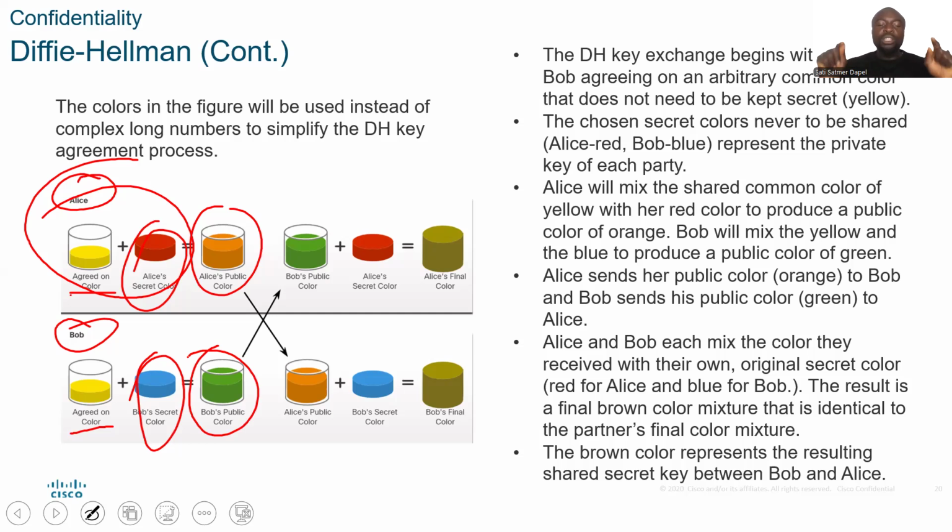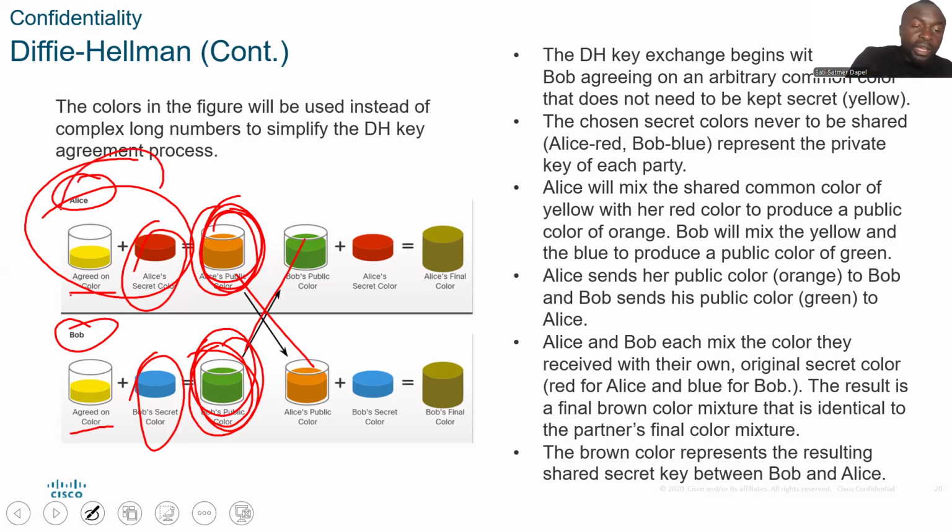Now, that is what they are going to use for the exchange when it comes to decryption. What is being exchanged is this mixture, the mixture of this guy and this guy. But remember, this mixture is a combination of two things.